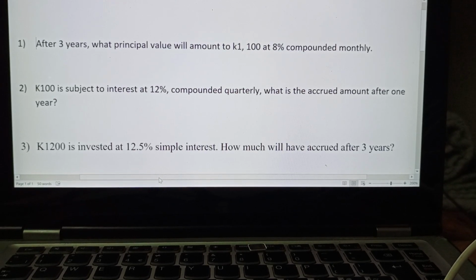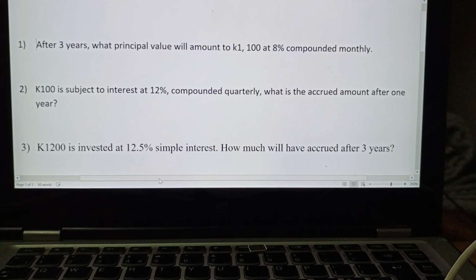So we are looking at the compound interest accrued formula, where we change the rate to a decimal by dividing 8% by 100.